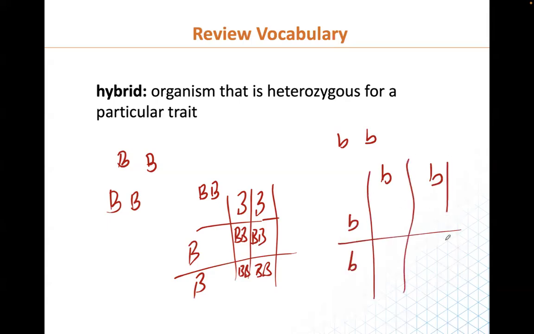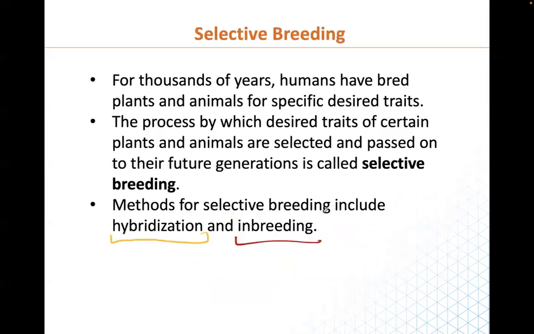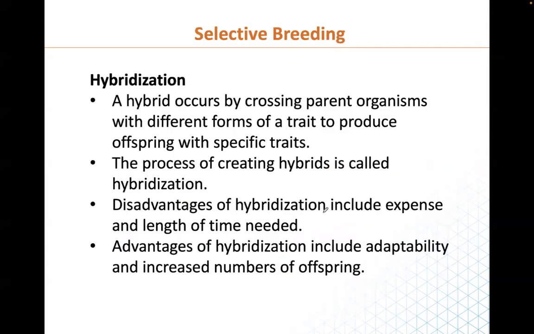Among the differences between inbreeding and hybridization is that hybridization usually leads to heterozygous offspring, but inbreeding would most of the time give you homozygous offspring. Hybridization occurs by crossing parent organisms with different forms of traits to produce offspring with specific traits.